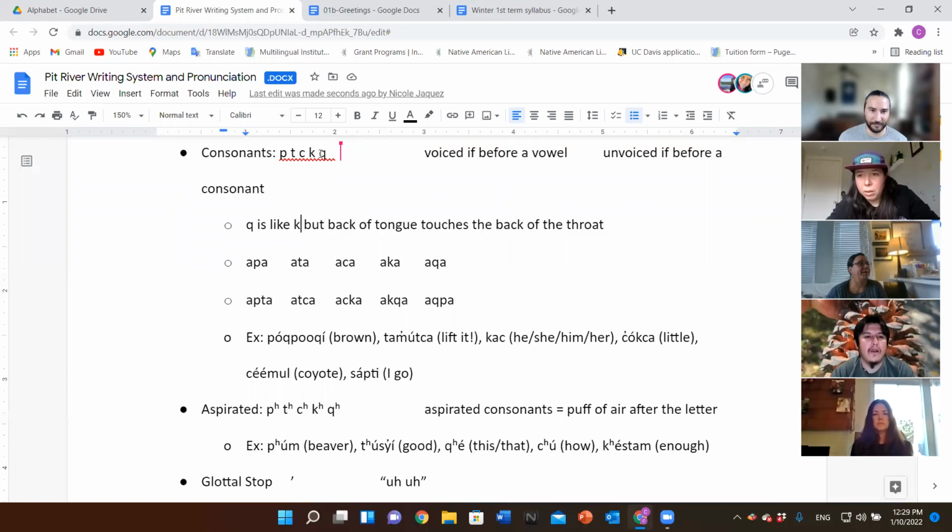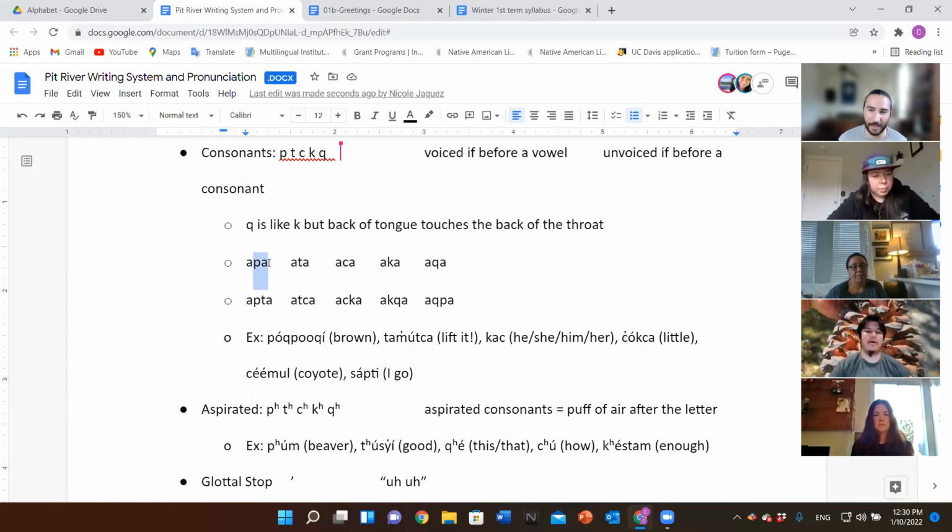So these letters have 2 sounds. If one of these letters comes before a vowel, that's what we call voiced. I'll give you some examples. P sounds like ba, ba.